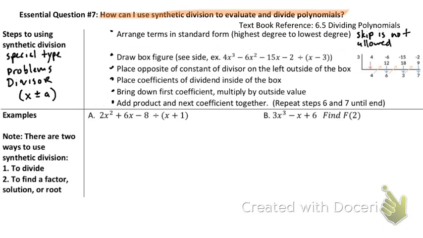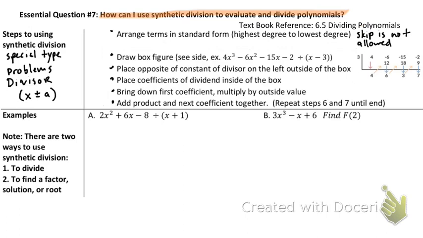We cannot skip powers. So our powers of our dividend, or the guy being divided, we cannot skip those. Same rule as long division.